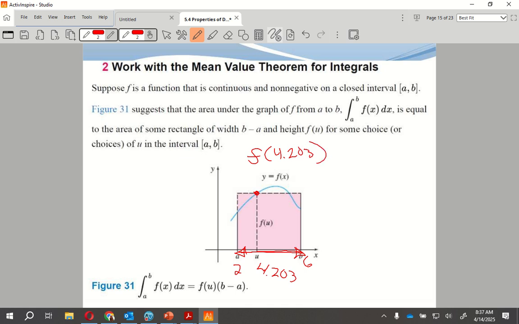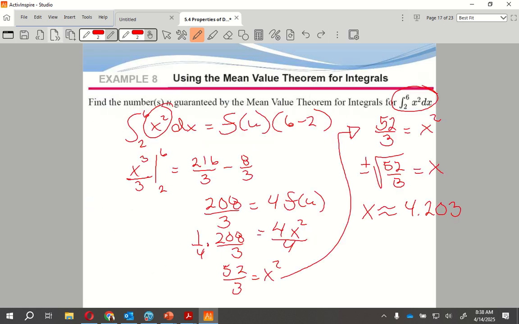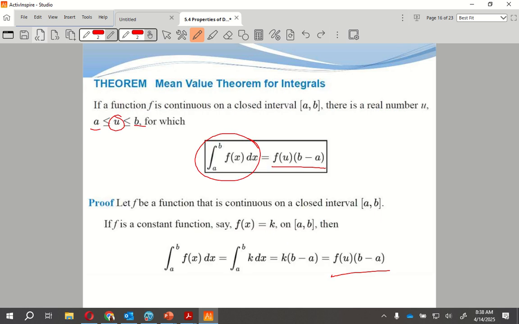So the area, from here to here, f of this times 4, should be equal to my total area, which came out to be, where'd I get, 208 over 3. Let's see what 208 over 3 is.